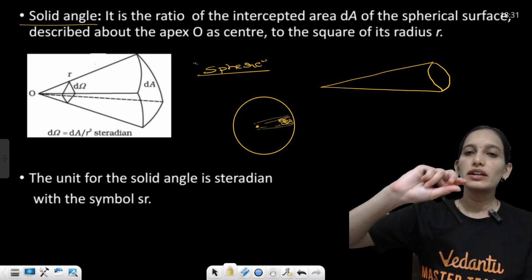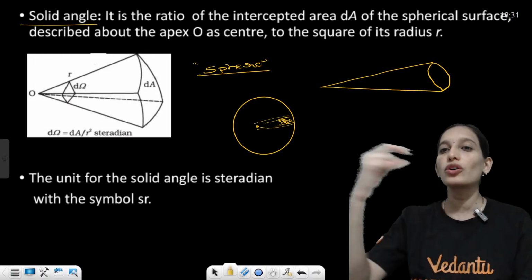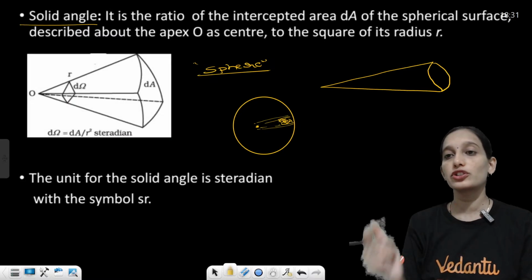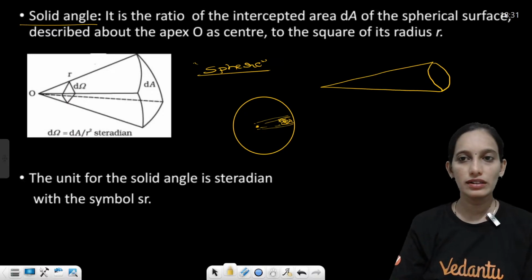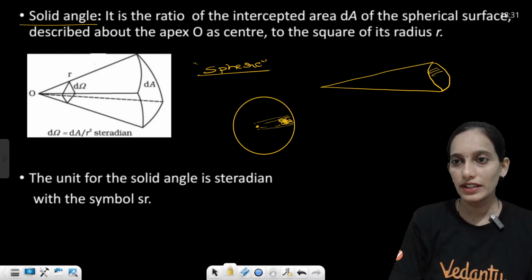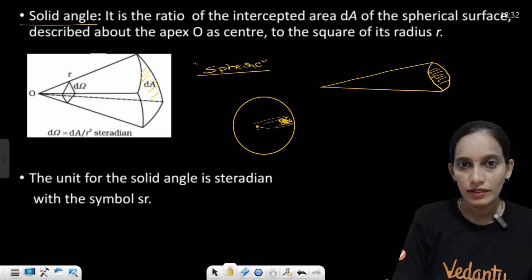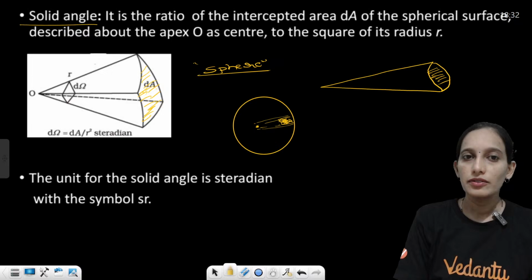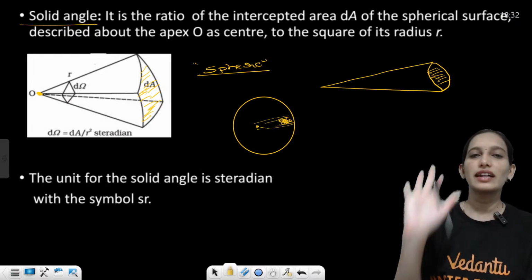So if we take a small conical portion from the sphere, in 3 dimensions it appears to be a cone. Correct? You can imagine an ice cream cone. Now the surface area marked here is dA, from the apex point O, which is nothing but the center of the earlier sphere.